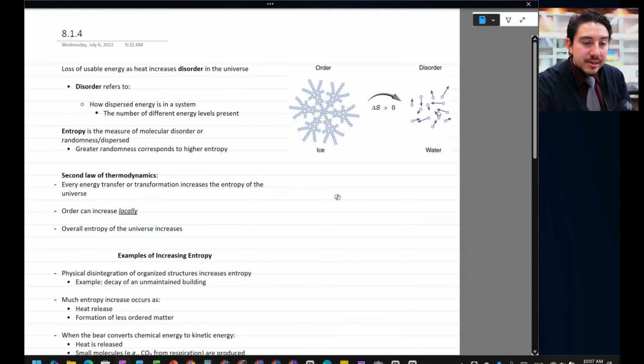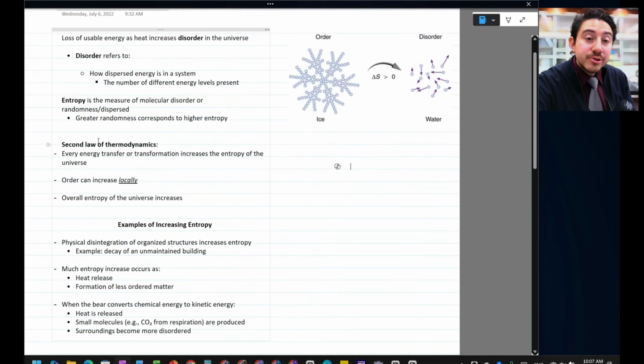Basically, there's a lot more randomness. Molecules are moving everywhere. Particles of water are just randomly going their own way. So this is what I'm referring to as disorder. An increase in energy and heat will increase disorder, randomness in the environment. And that's what entropy is.